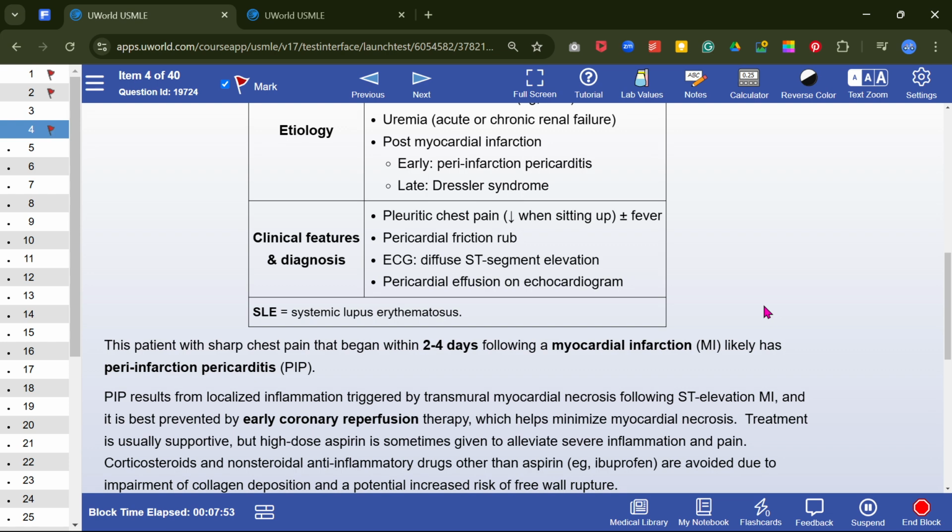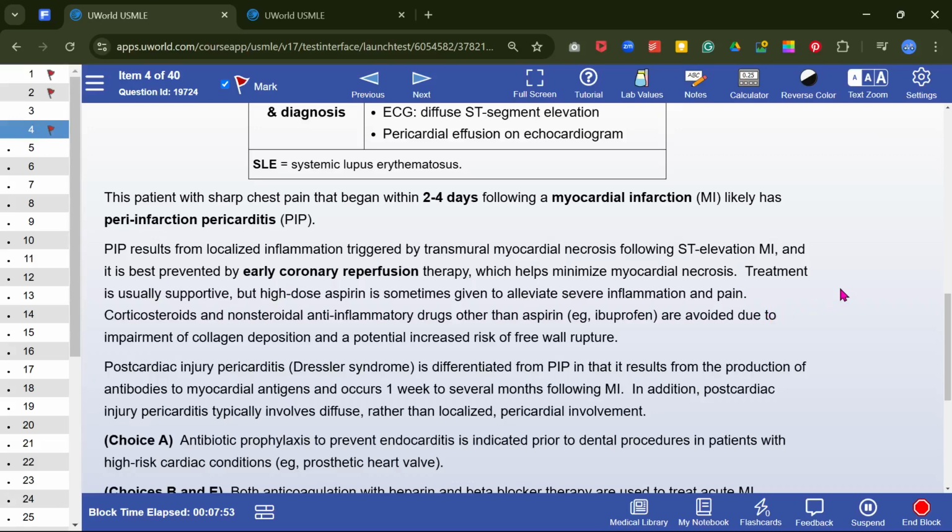Peri-infarction pericarditis results from localized inflammation triggered by transmural myocardial necrosis following ST elevation MI, and is best prevented by early PCI, early coronary reperfusion therapy, which helps minimize myocardial necrosis. Treatment is usually supportive, but high dose aspirin is sometimes given to alleviate severe inflammation and pain.